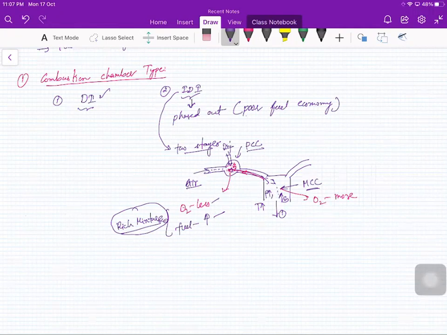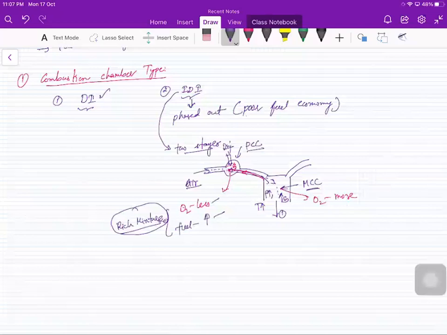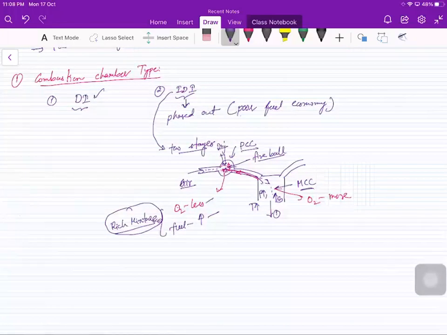Once the rich fuel mixture gets burnt in the pre-combustion chamber, a hot fireball is generated. Once generated, it moves into the main combustion chamber. During its flow through this inlet, it creates its own turbulence. Why?